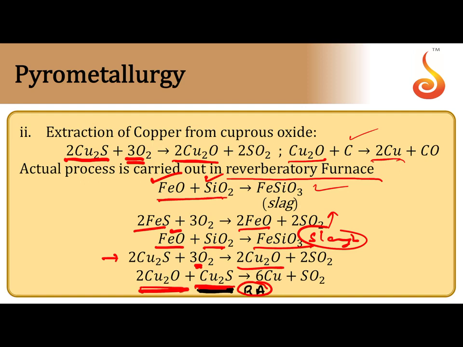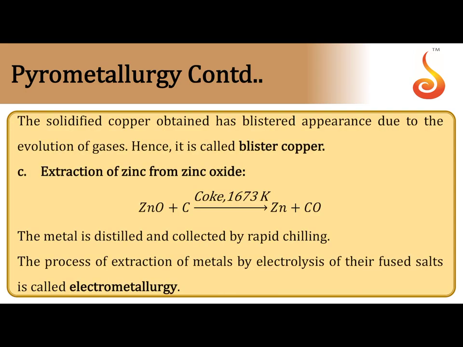So, here self reduction, auto reduction takes place, Cu2O being reduced by cuprous sulphide only. This is a very important one. The solidified copper obtained has a blistered appearance due to the evolution of gases. The copper obtained here, due to the presence of small pores, is called blister copper.